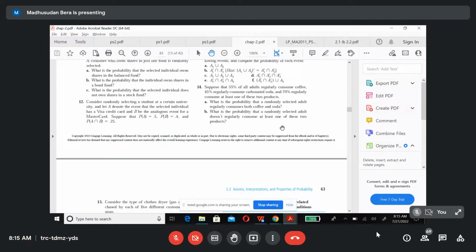Then what is the event? Sir, who does not consume anything and who consumes at least one. No. What is the probability that a randomly selected adult does not regularly consume at least one of these two items? That means consumes nothing.